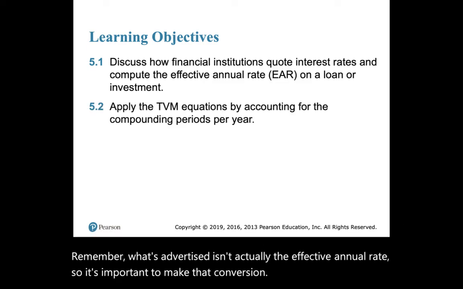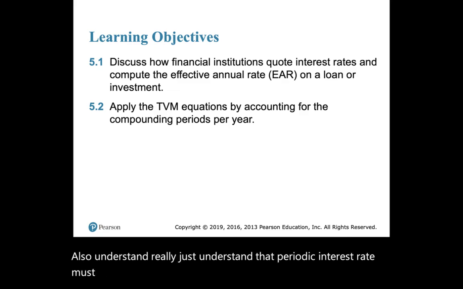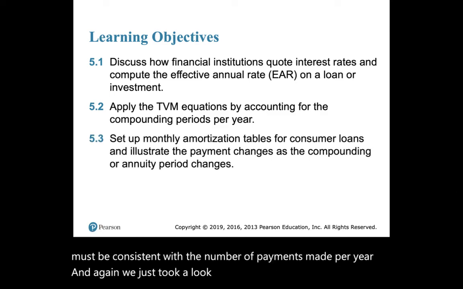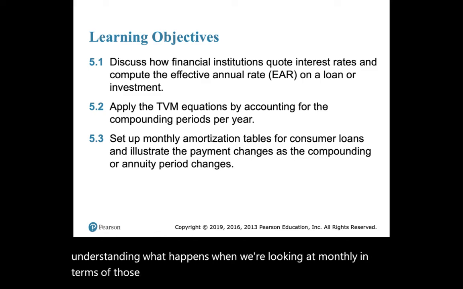Also understand that the periodic interest rate must be consistent with the number of payments made per year. And again, we took a look at an amortization table and understanding what happens when we're looking at monthly charges, whether it's compounded annually or monthly.